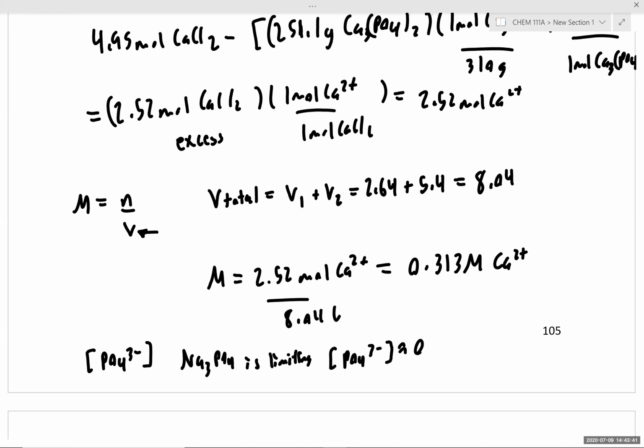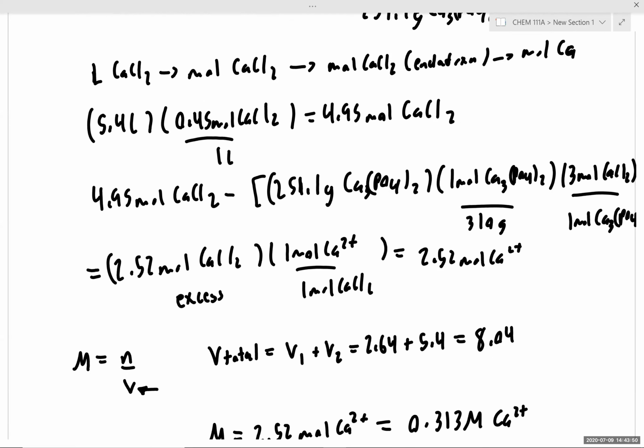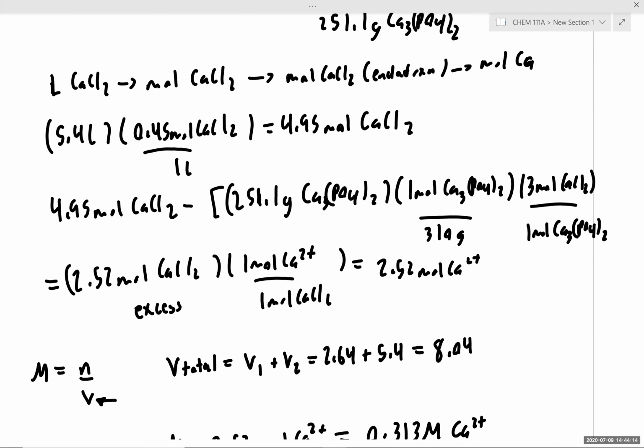I'm still confused on when you did the 4.5 moles of calcium chloride. Why couldn't you just go from the 251 grams of calcium phosphate? Because we're trying to calculate the amount of calcium remaining in solution. If we just started with the 251, converting from the moles of calcium phosphate to moles of calcium chloride gives us the moles of calcium chloride that reacts.